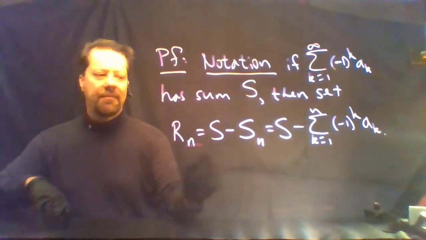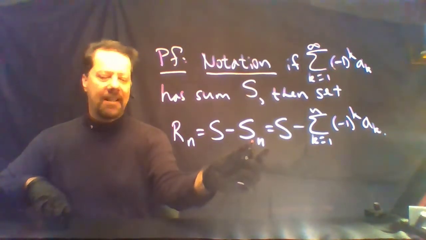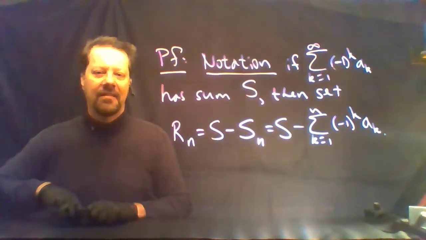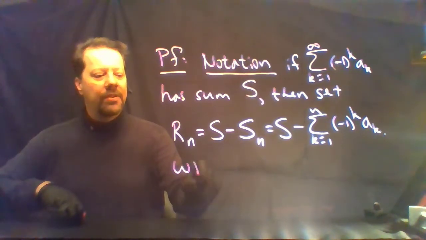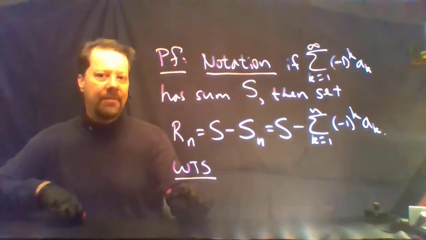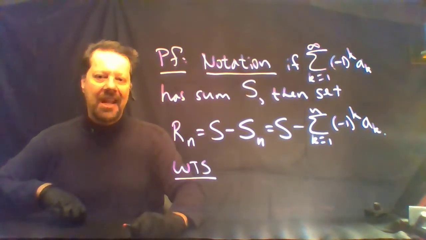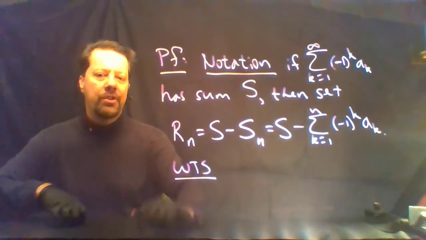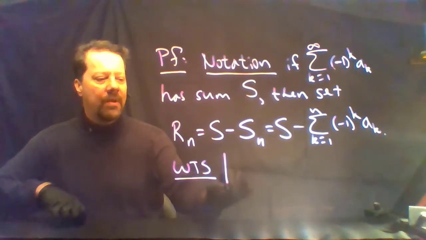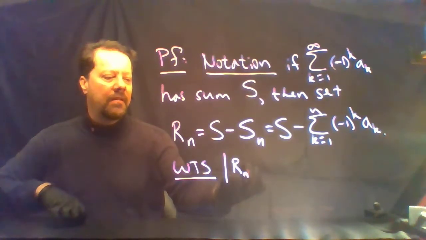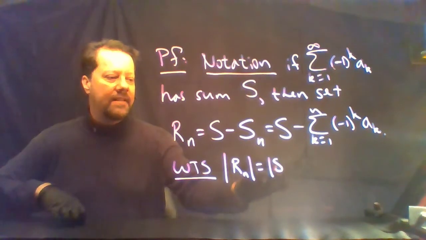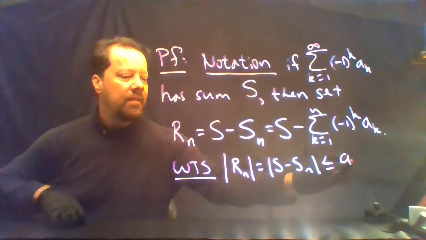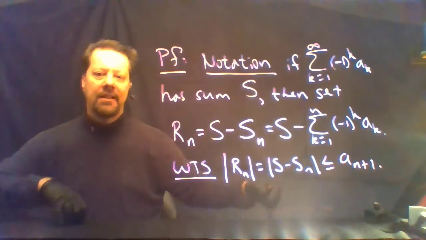This is what is left over, the gap between the nth partial sum and the actual sum of the entire series. What we want to show, and WTS is the standard mathematical notation for the phrase want to show, is that this distance is no worse than the very next term.